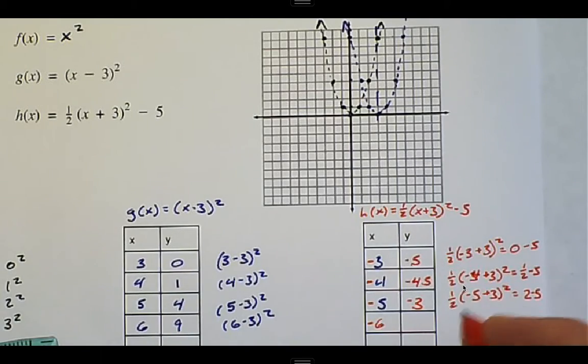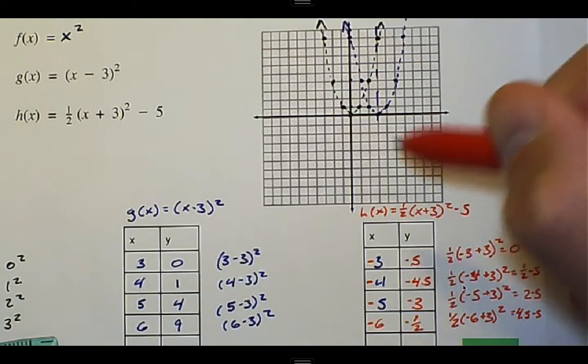And we can do one more. 1/2 times -6 plus 3, and then squared. So -6 plus 3 is -3. -3 squared is 9. 1/2 of that is 4.5. Minus 5, that's equal to -1/2. And then we can plot those points.